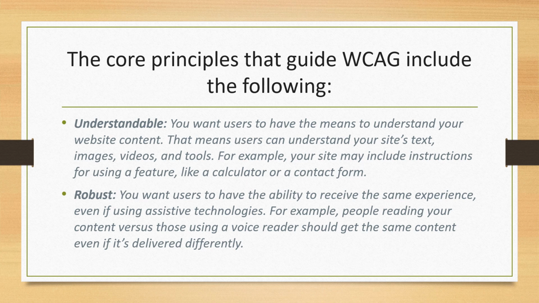For example, your site may include instructions for using a feature like a calculator or a contact form. Robust means you want users to have the ability to receive the same experience even if using assistive technologies. For example, people reading your content versus those using a voice reader should get the same content even if it's delivered differently.